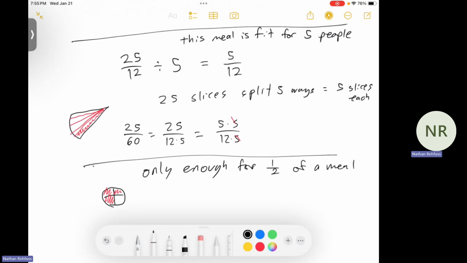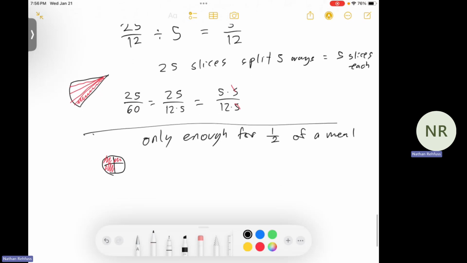If the 25 slices is enough for 5 people, we can split it 5 ways. If the 3 slices is only enough for half a person, we could split it 1/2 ways. We can write 3/4 divided by 1/2 to say, I'm dividing this food into portions, but this is only enough for half of one person's meal.